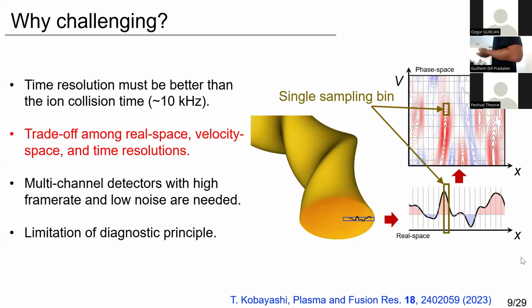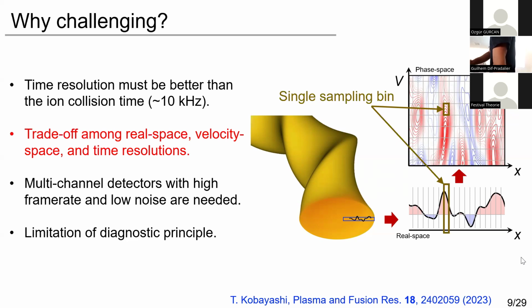In order to make it a phase space diagnostic, we have to extend an additional axis in the vertical direction of this figure, and we have to distribute the signal intensity in this sampling bin into the additional coordinate, which makes the signal intensity in a single sampling bin smaller and smaller. This makes the diagnostics very difficult. To have a meaningful measurement, we have to sacrifice resolution, for example, in the velocity space, real space, or time, to get high enough signal intensity. This we call the trade-off.